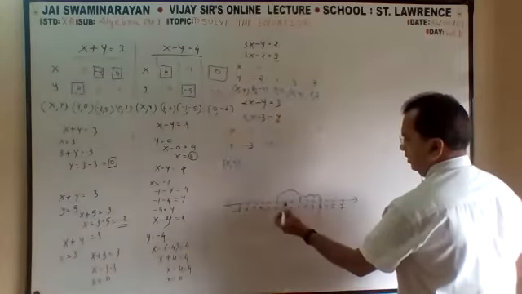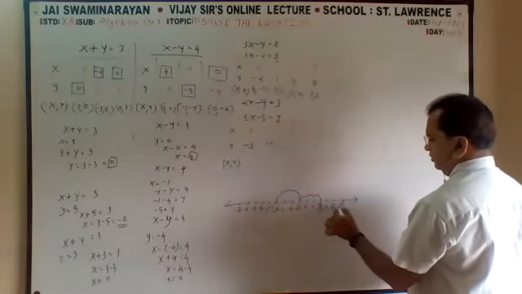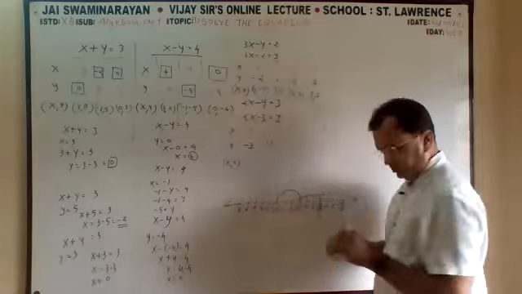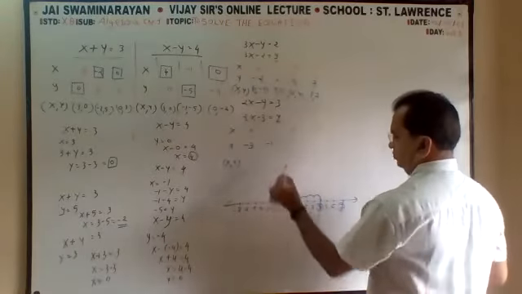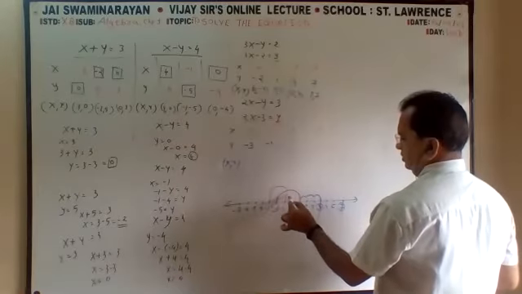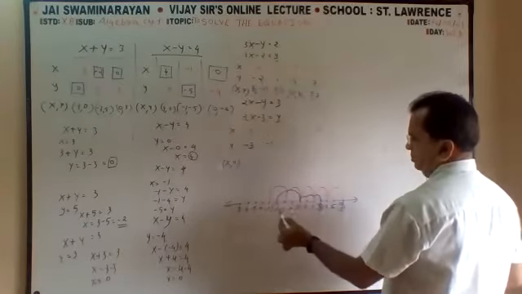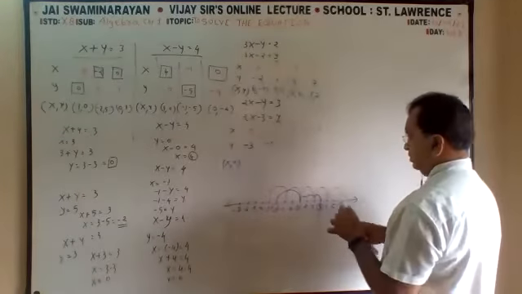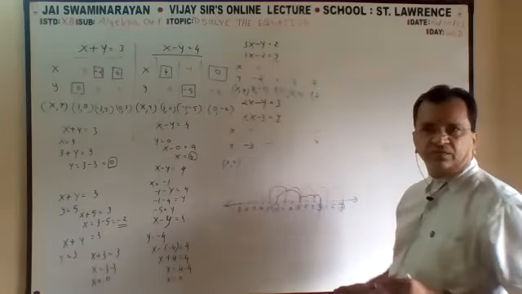From here, 1, 2, 3. This is the answer. Like that. Now -3, 2 minus 1, so -3, -1, 1, 4.